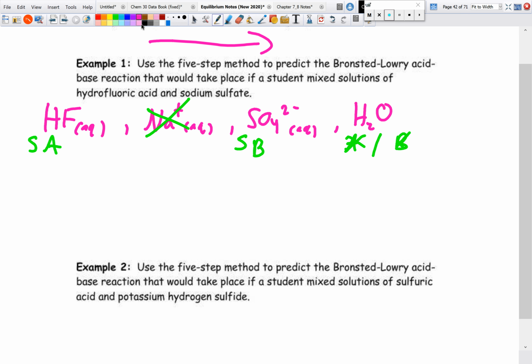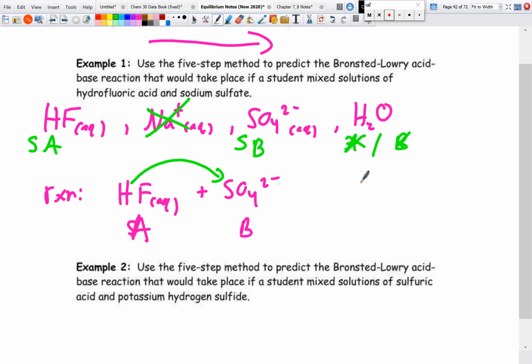So our reaction, the only reaction there, is going to be the reaction of our strong acid, strongest acid present. So this is our acid, this is our base. So that means we are going to get a proton transfer from the acid to the base. Because these are both weak, it's going to be in equilibrium.